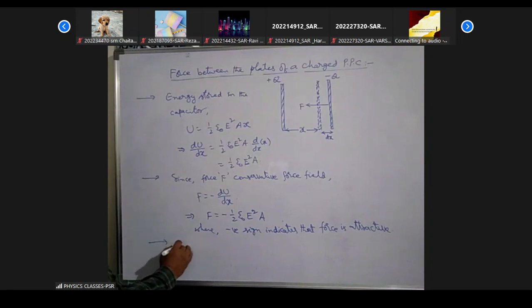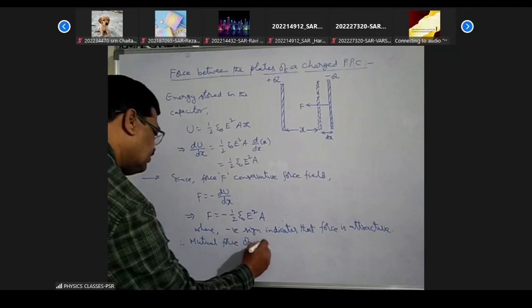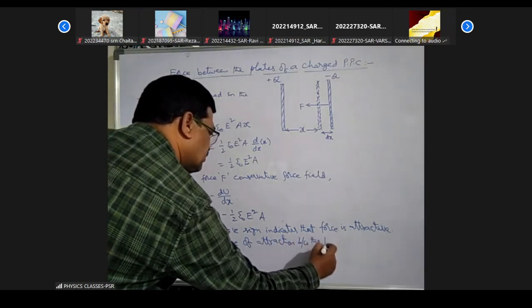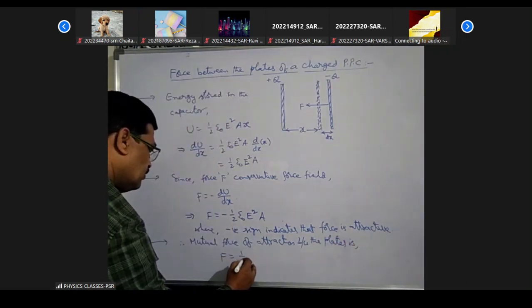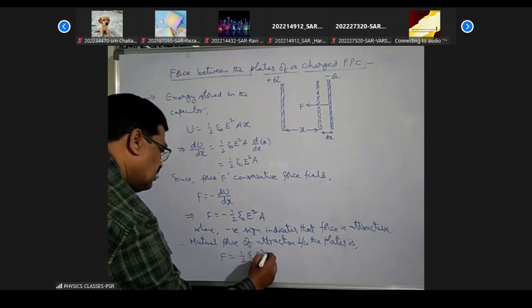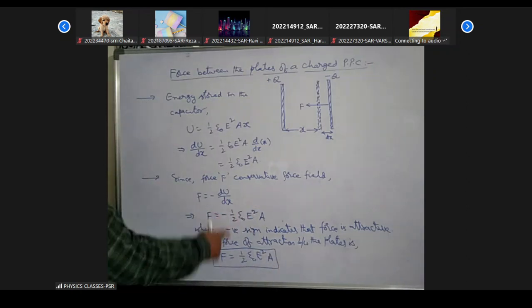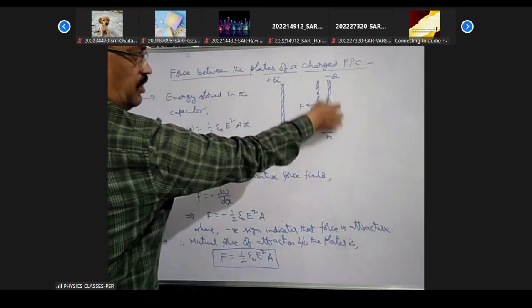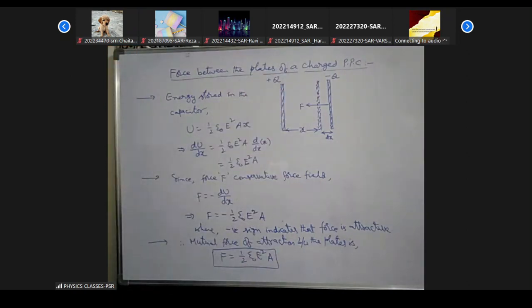Therefore, the mutual force of attraction between the plates is given by F equal to half epsilon naught E square A. This is the final formula without the negative sign, the actual formula for the force of attraction, because the negative sign only indicates attraction. The force due to the first plate on the second, and the second on the first, is half epsilon naught E square A, where A is the common area of each plate.